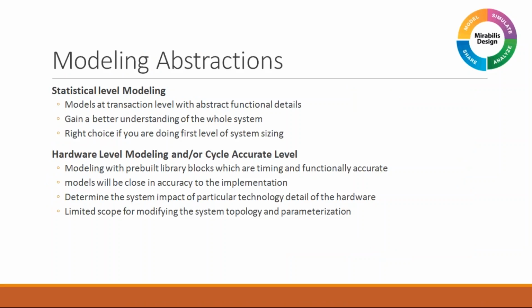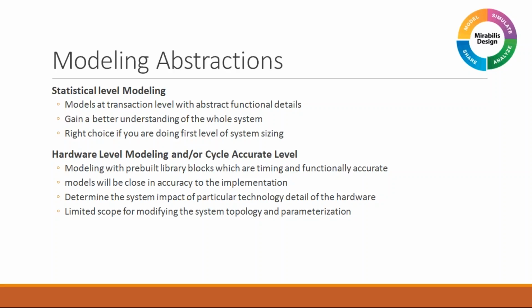So looking at the modeling abstraction, specifically with VisualSim, we provide three different levels of modeling abstraction. We call it a statistical level of modeling, which is more of a delay-based modeling with abstract functional details. And this allows you to gain a better understanding of the complete system architecture.